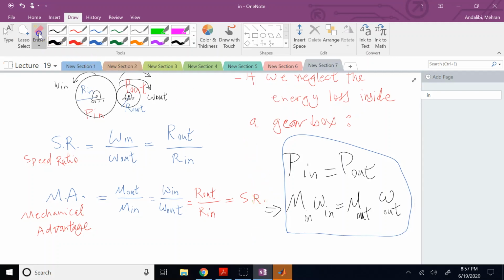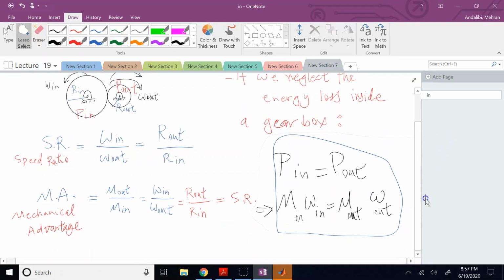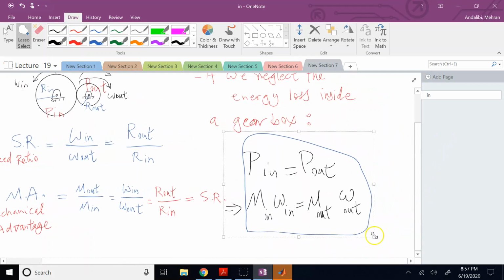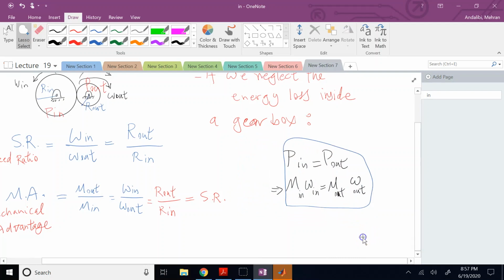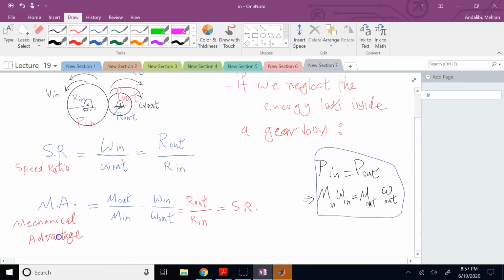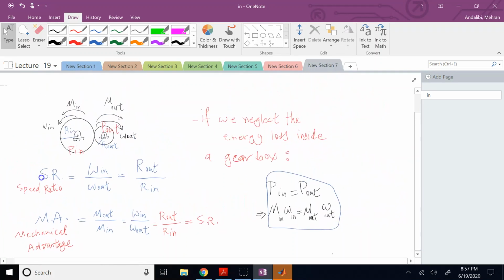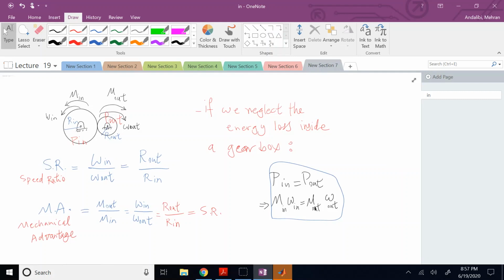Okay, and here you can see the proof. So mechanical advantage and speed ratio, both in a gear train, are equal to the radius out over the radius in.